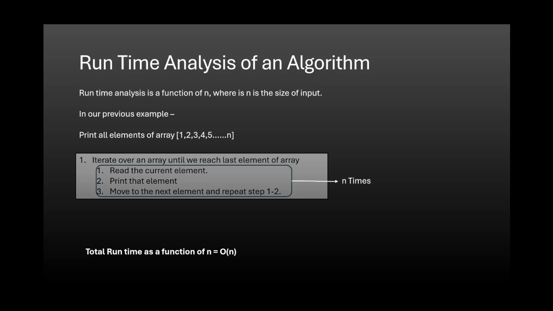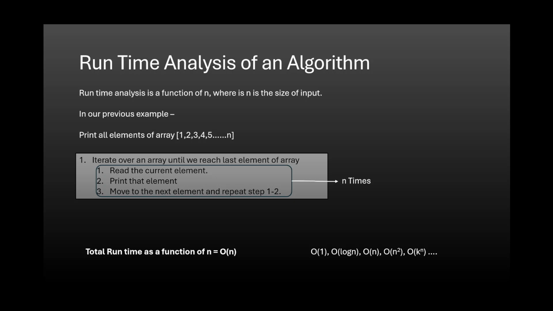This is the general definition of how we write the time complexity of an algorithm in software engineering. There are many other types of algorithm runtime analysis, like O(1), log n, n squared, k to the power n, and so on.